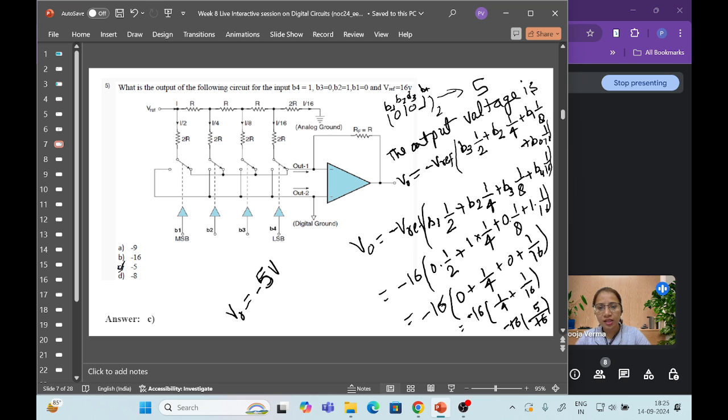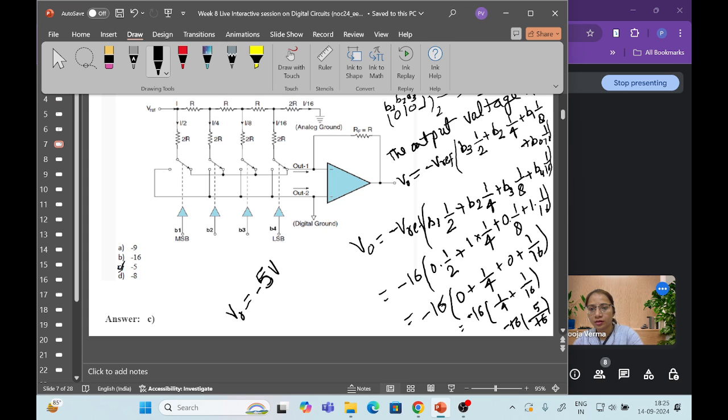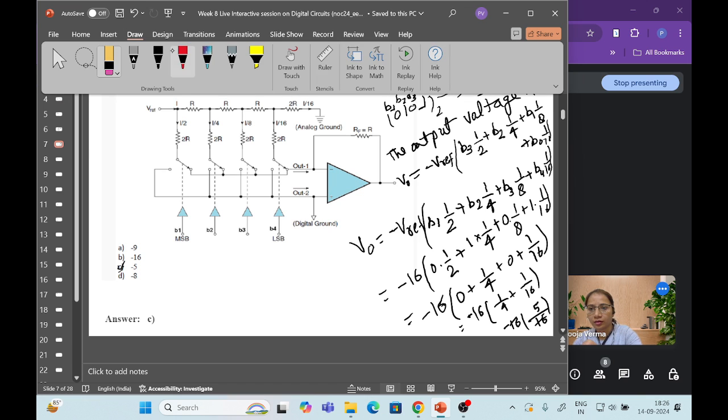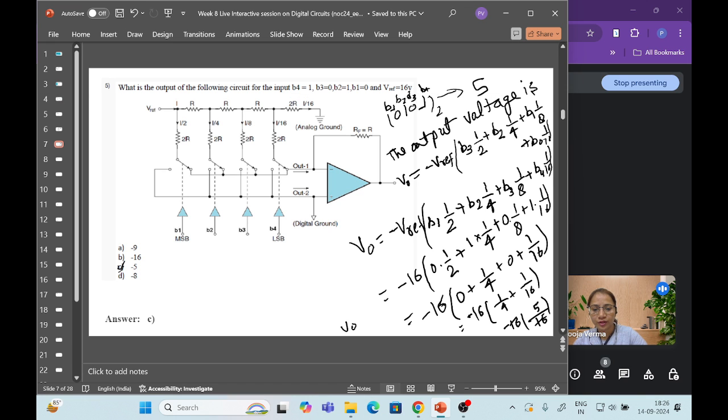Okay. And there is another way to solve this question also. So V0 is minus 5 volt for this type of question, or we can solve it this way: V out, or V naught, is equal to plus or minus V reference divided by 2 to the power n, into V in, or the decimal equivalent of this binary.